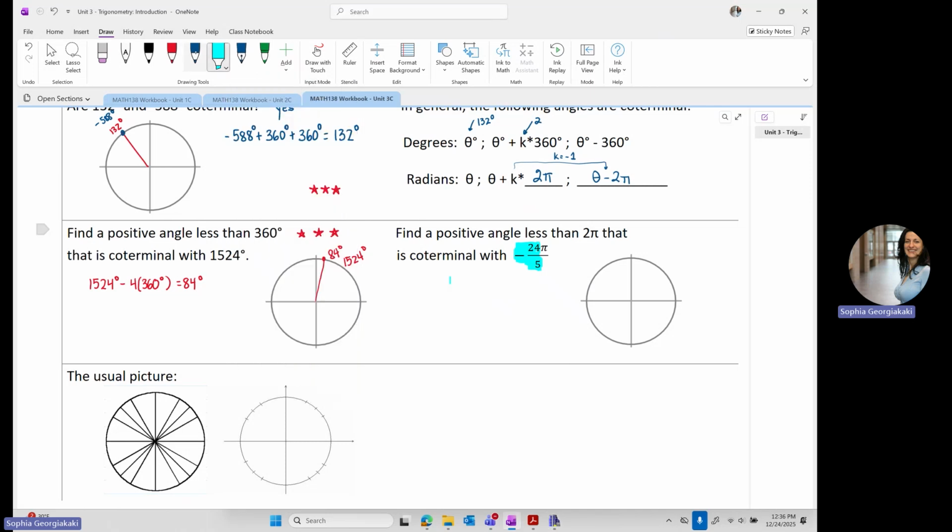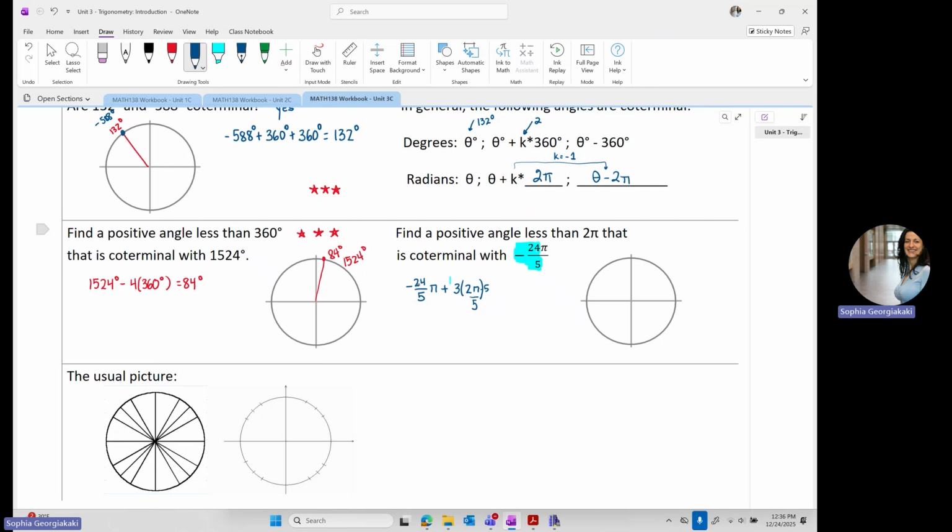So negative 24/5 of pi. And I added, I want to say 3 times 2 pi. How do I know? 2 pi, if the denominator is 5, will be 10 pi.